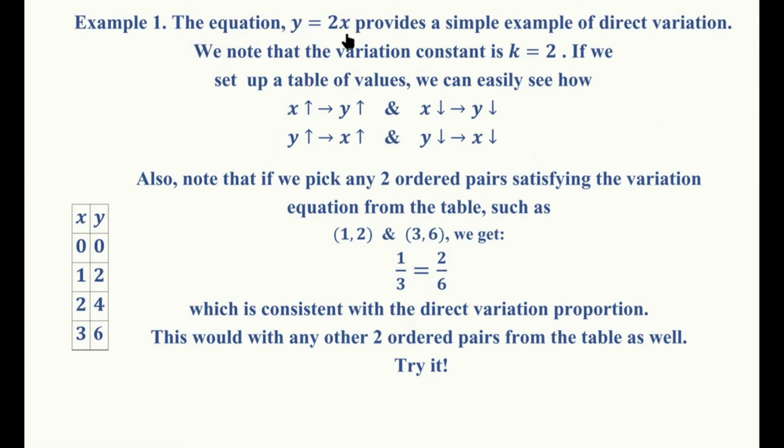Y equals 2x is almost a classic example for providing a direct variation scenario. So note that the variation constant here is 2, and also if you look at the table for just a few values, and notice we're just picking a few nice values, otherwise we could have picked any real number value for x.